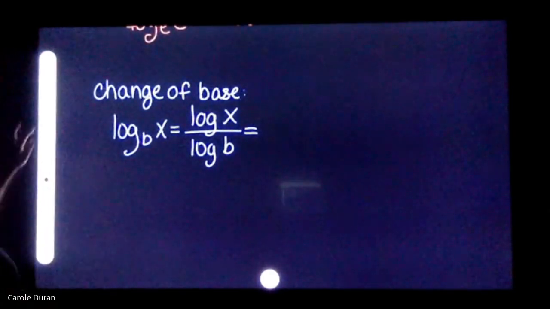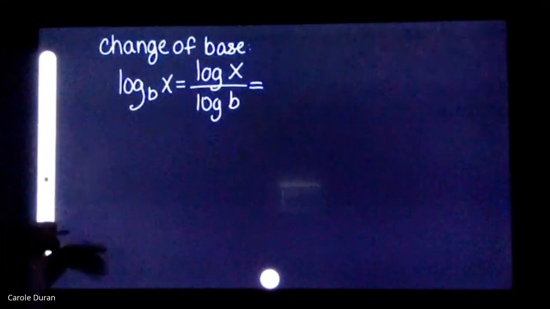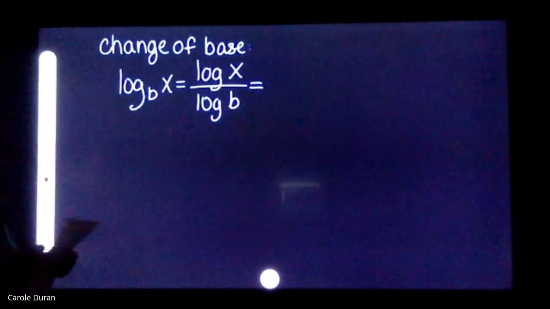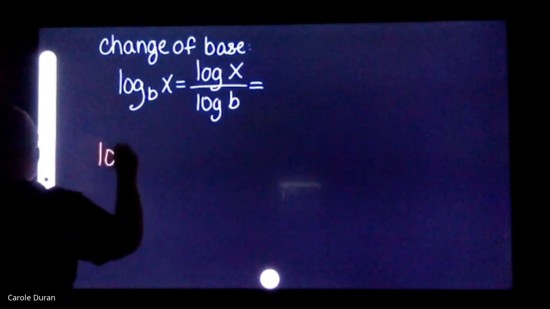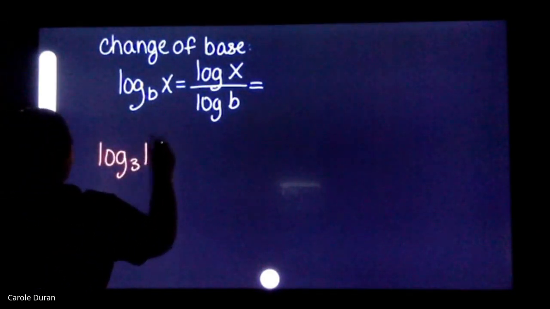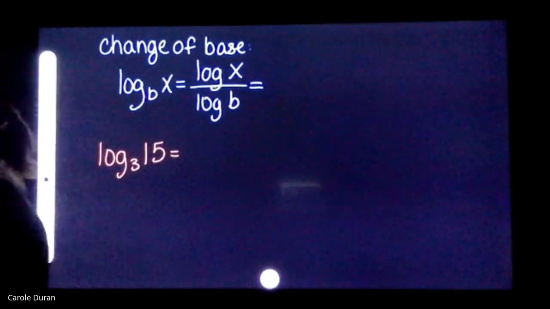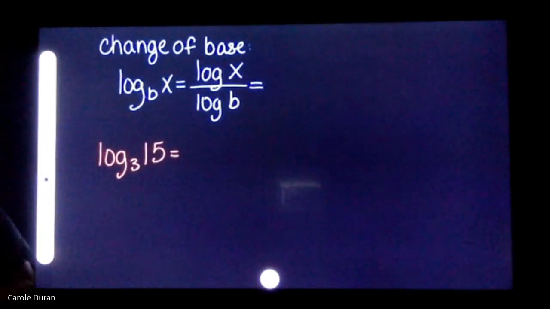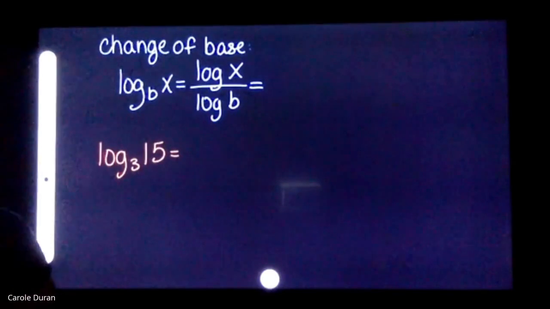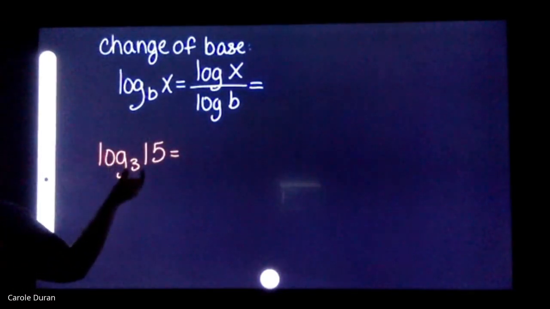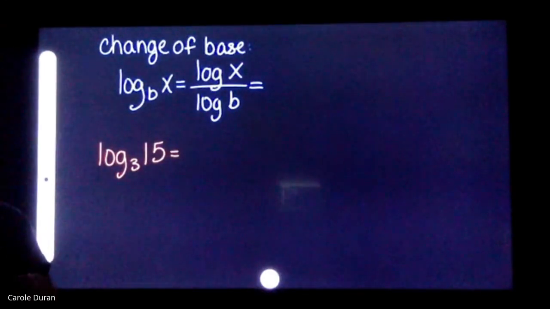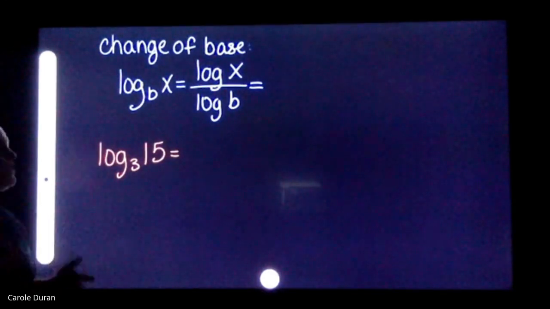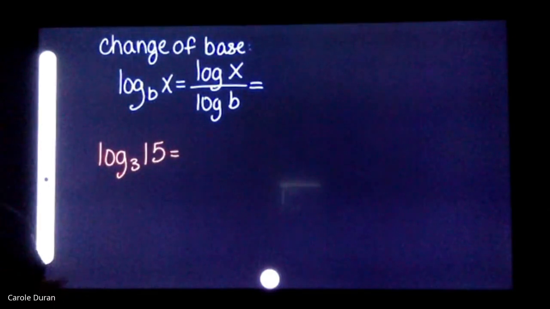So of course we're going to do some examples just because it's super handy. The first example I would like to do is log base 3 of 15. This is not something that you can just plug directly into your calculator because the base here is 3 and not 10. And our calculators really only deal with log base 10. So I need to change it so that I am able to plug it into my calculator.